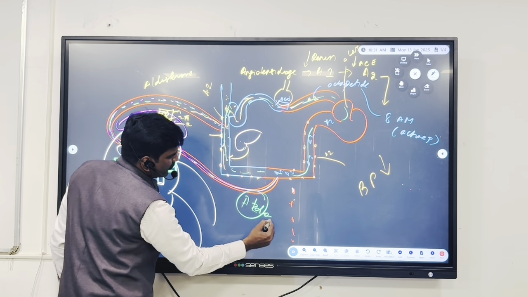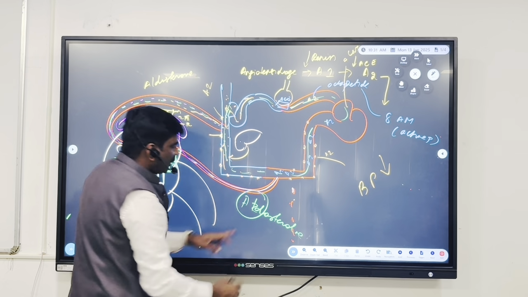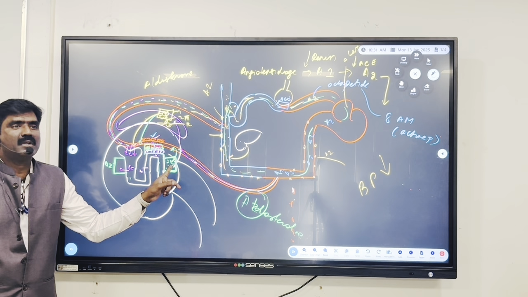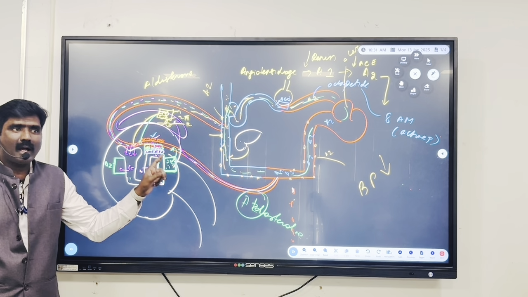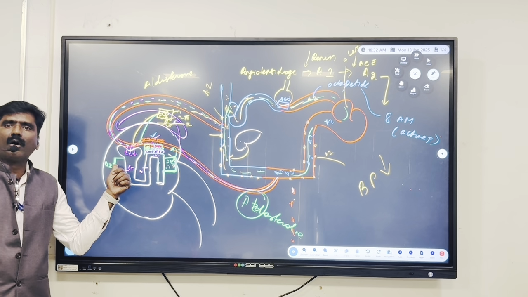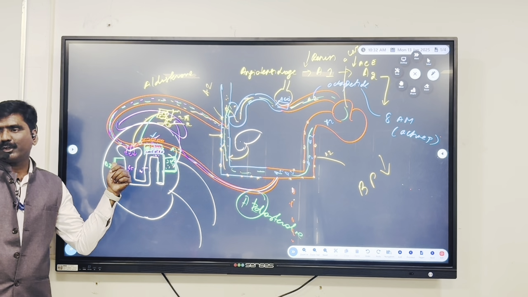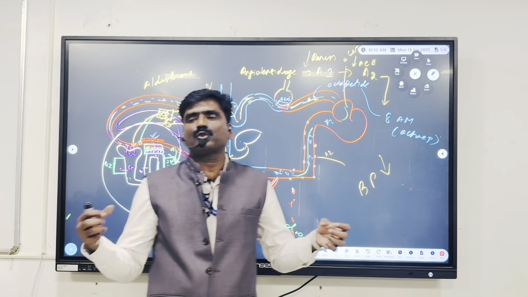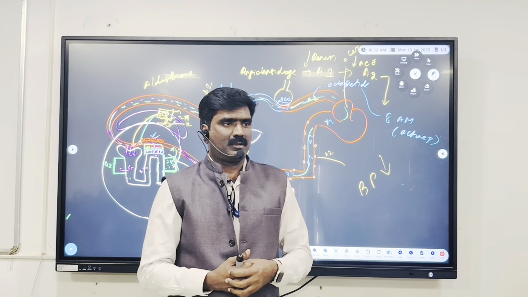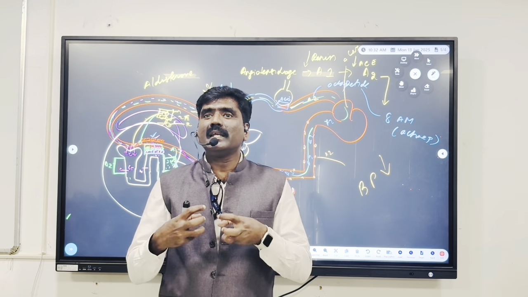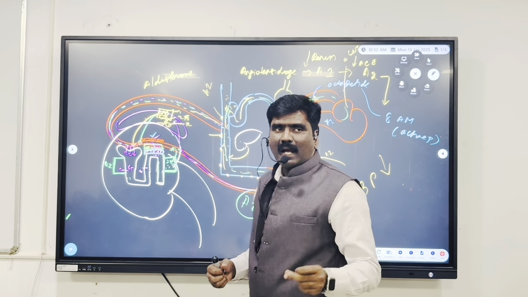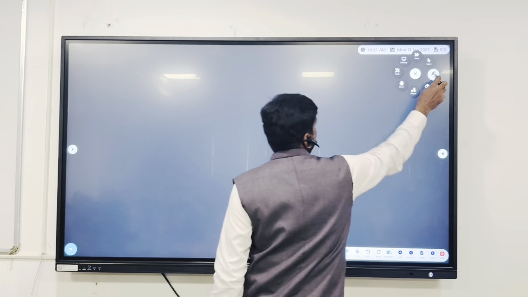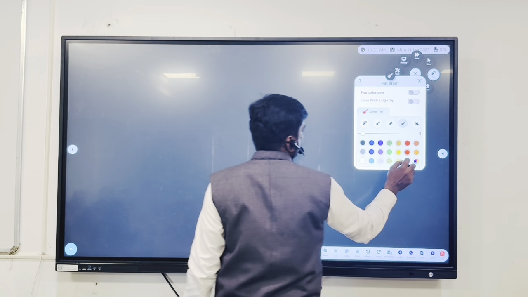Aldosterone has a receptor in the principal cells of the collecting tubule and the cells of the proximal convoluted tubule, and it helps in reabsorption of sodium and bicarbonate. I will tell how it works. So I will draw one proximal convoluted tubule.